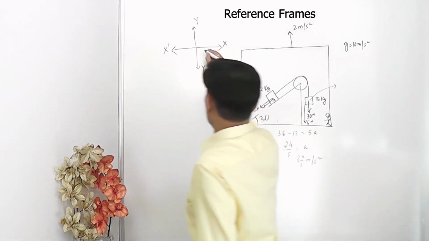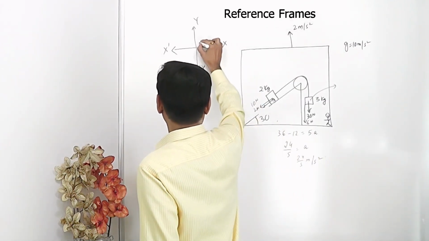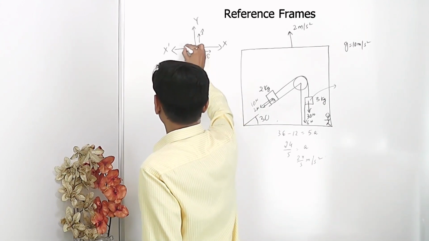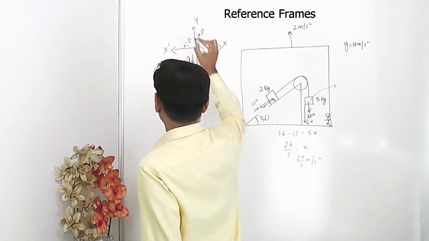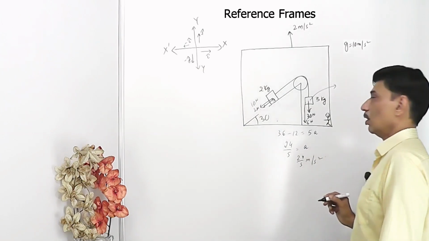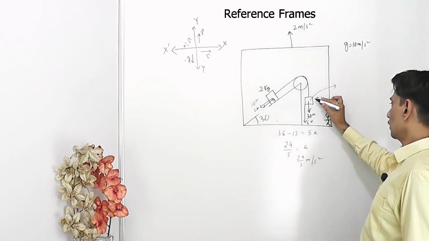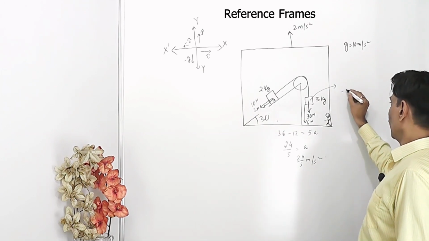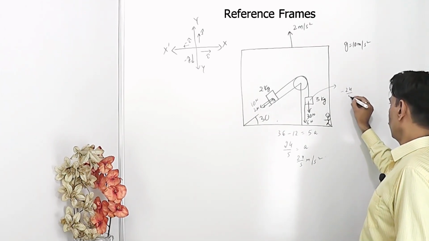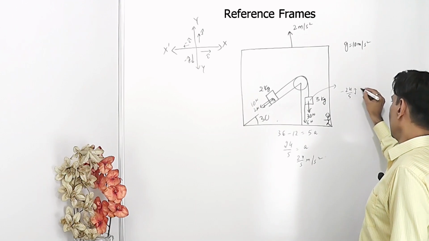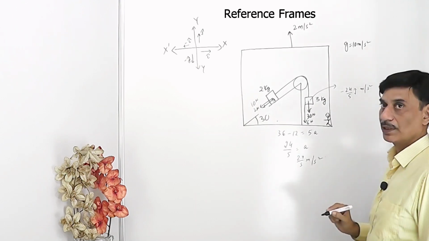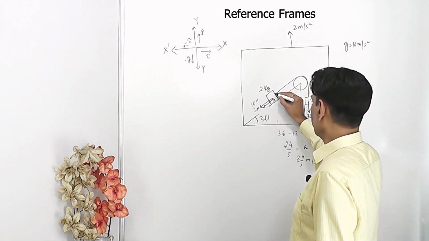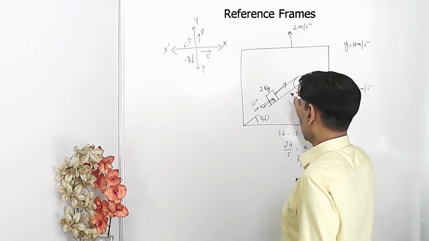We know that this side unit vector is i cap, this side is j cap, downwards is minus j cap unit vector, and this side is minus i cap or i hat. So the acceleration of this block as seen by this is minus 24 by 5 j cap meter per second square.